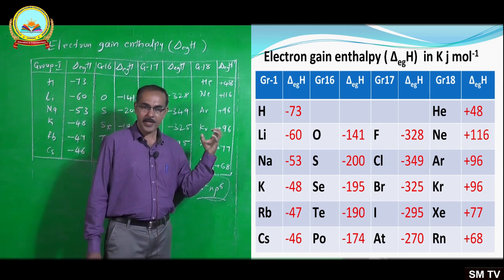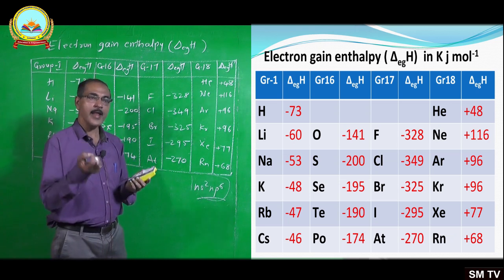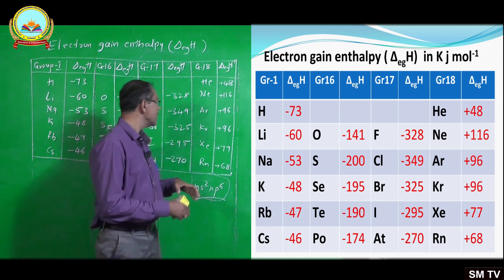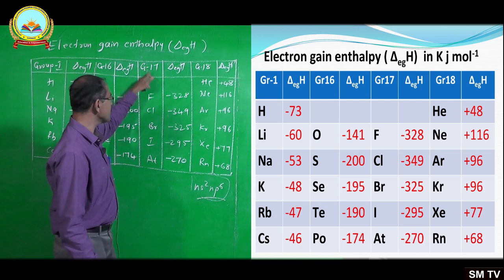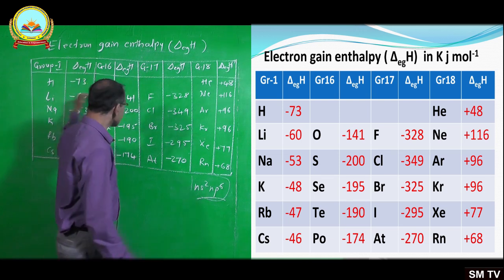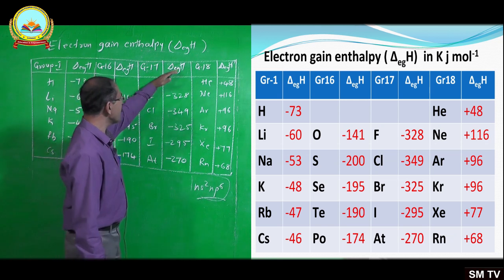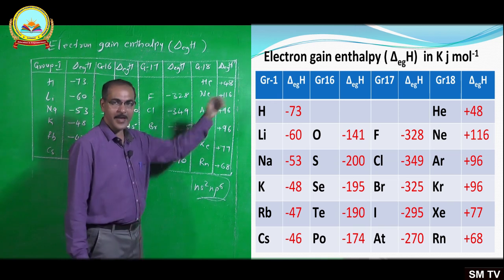So it is very easy to add an electron to a smaller atom. That is the reason, for group 17 elements, as you move across, the atomic radius decreases, and thereby the electron gain enthalpy becomes more negative.